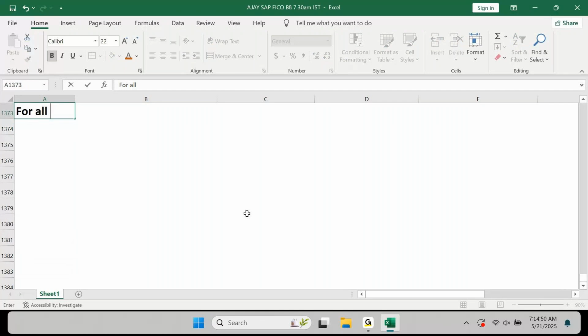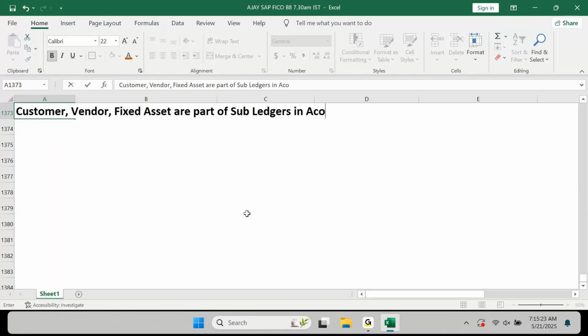For all, or in short, customer, vendor, fixed asset. Asset, when you say, it is including everything. Fixed asset is only the fixed asset specific to subledger. These are part of subledgers in accounting, not in SAP.